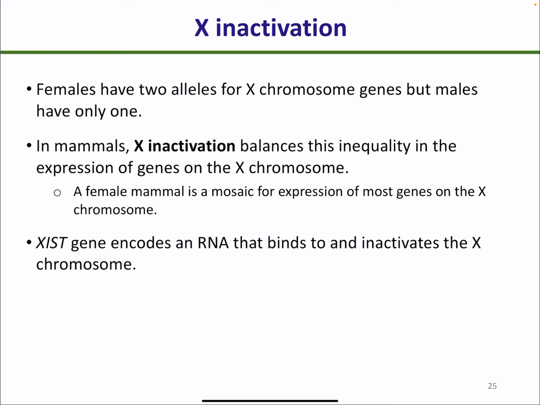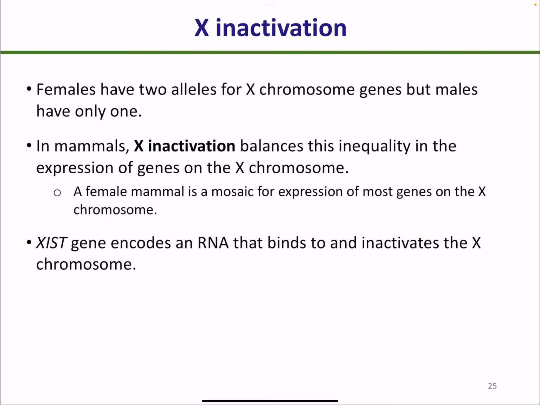Now, that's one. The second thing is that in a female that is heterozygous, for instance, we are going to have a different expression of alleles based on which X is inactivated and which X is activated, right?